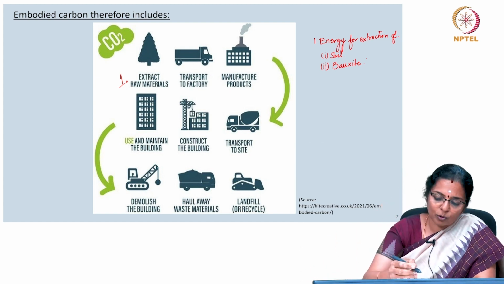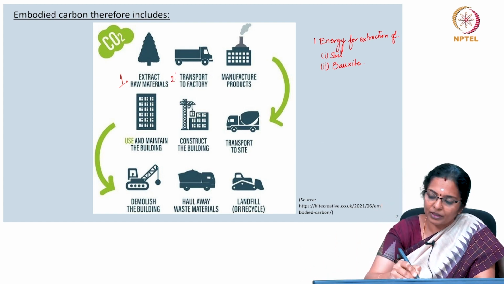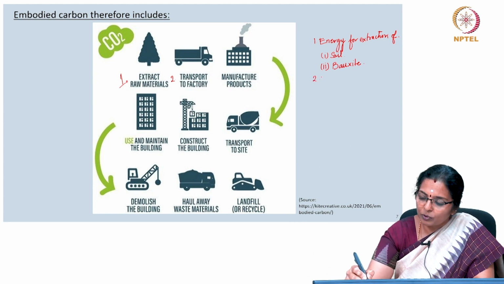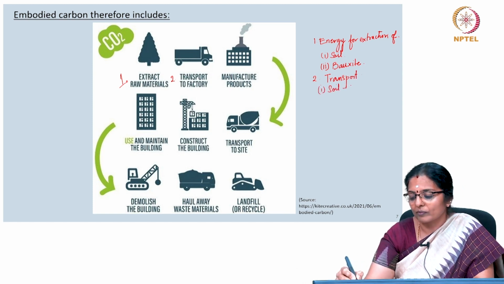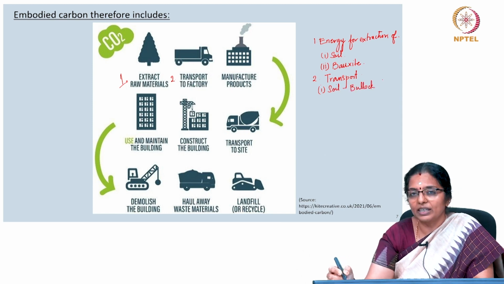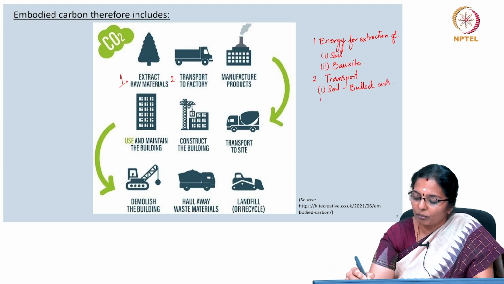Next is transport to factory. Okay, so you transport. How do you transport? Say, you can transport soil even in bullock carts. Yes or no? Or you can transport in anything on a tractor trailer. How do you transport for bauxite? That's impossible.